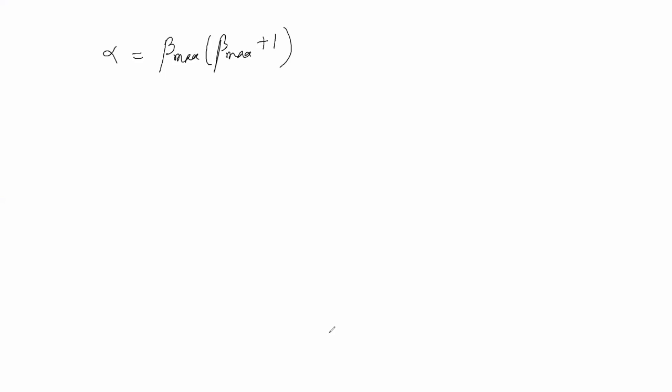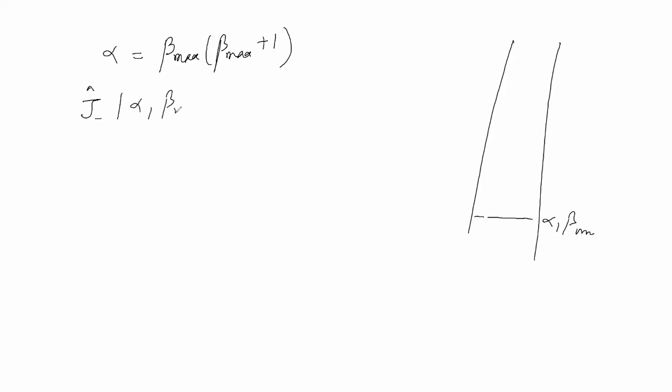Okay. Now similarly, what I have told you is that in this ladder we can go down to a minimum value of beta min, and if we further want to go down, that is not possible, and this implies that J minus alpha beta min should be equal to how much?